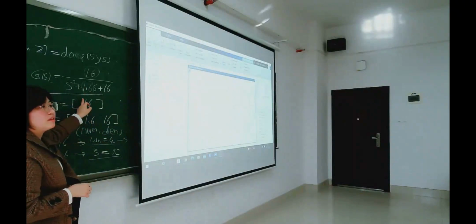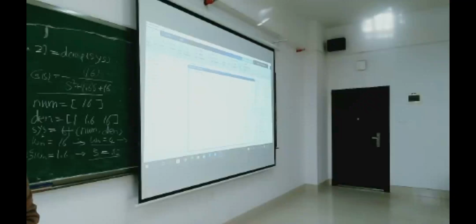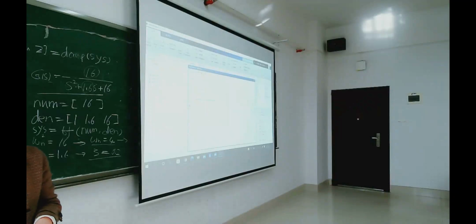If we give it a unit step input, what will be the output? How do we get the output curve?